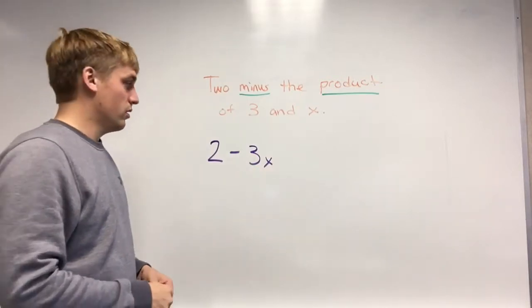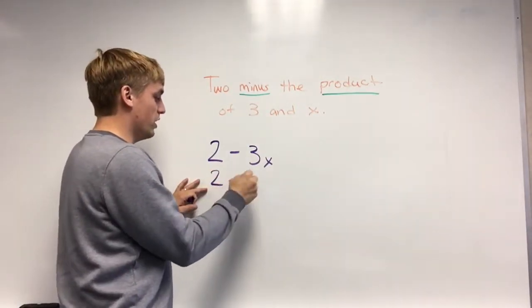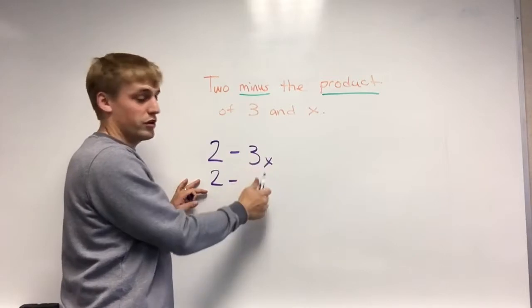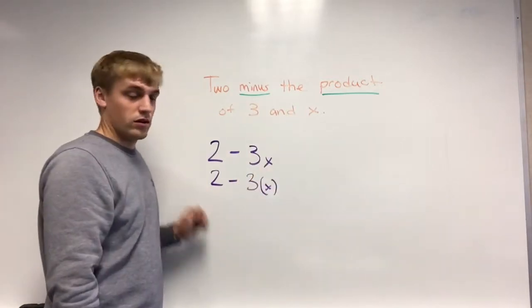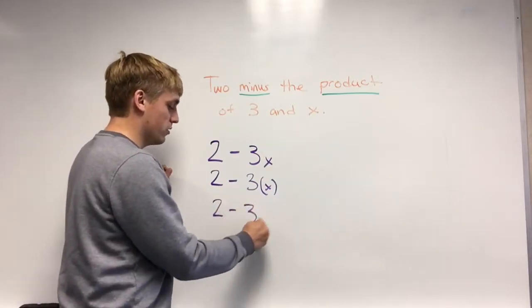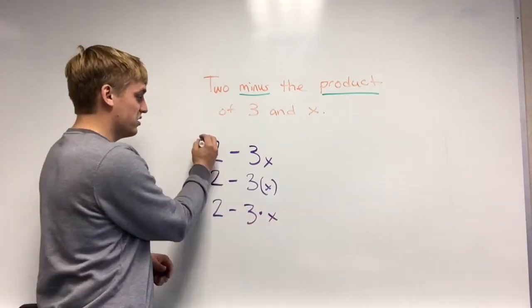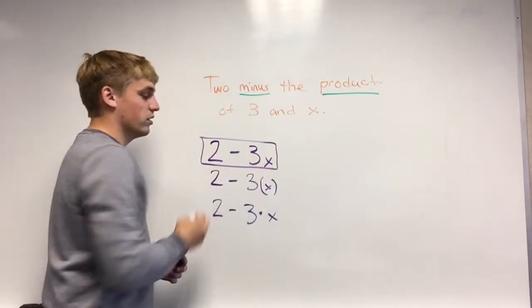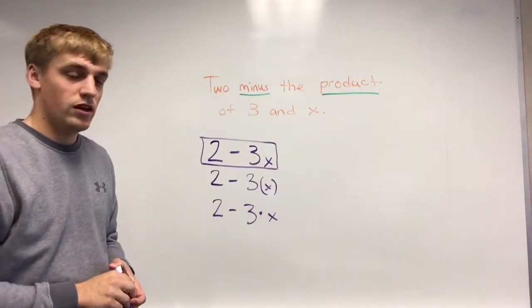You might also see this written 2 minus the product of 3x could be written like this, because remember, this means multiplication. It could also be written like this. But this is the simplest way to write it. So that would be my goal for you, to write it like that. Okay? Let's try another one.